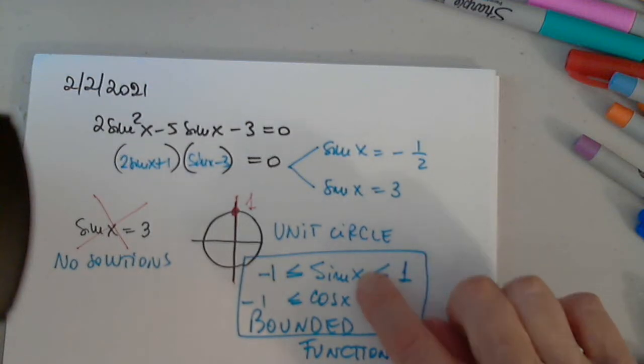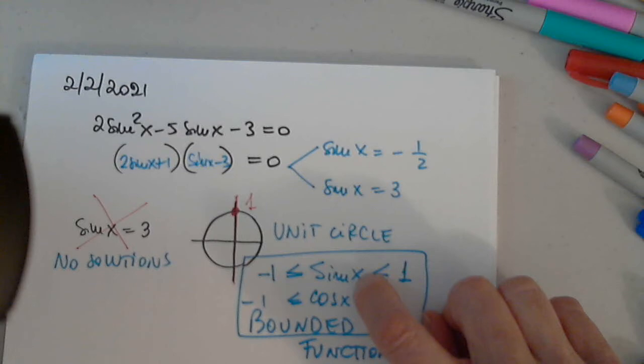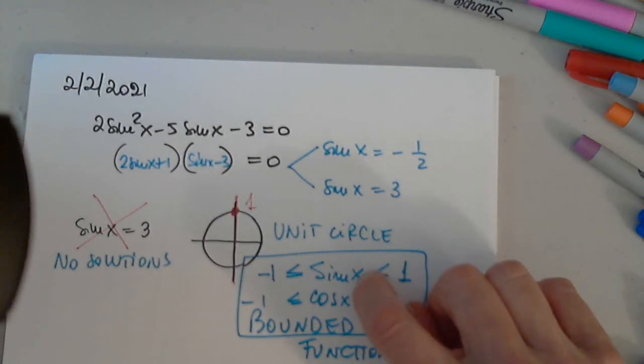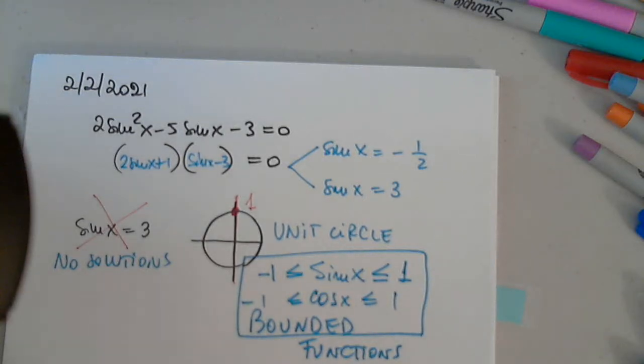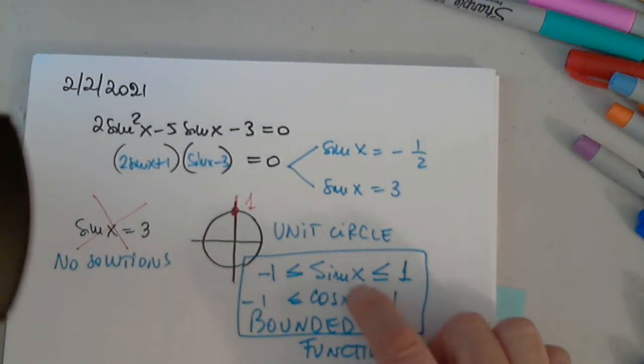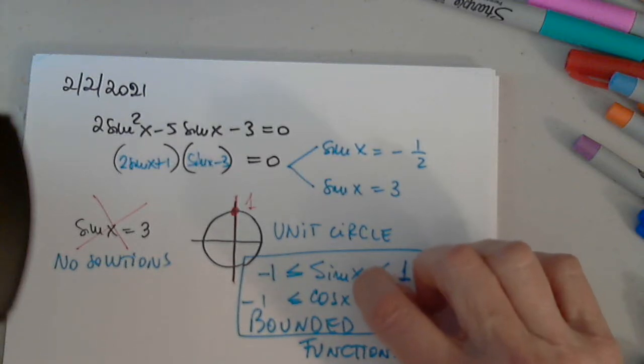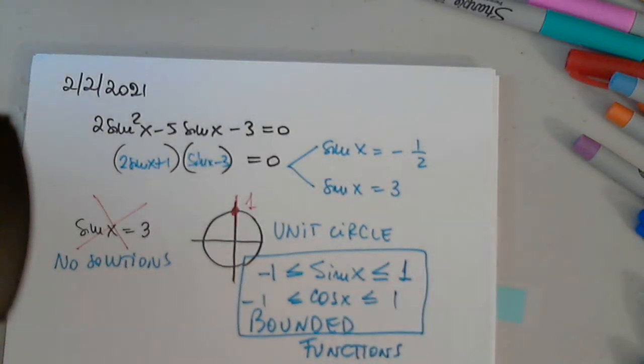So x can be anywhere between -infinity and infinity. Anything that you can think of, you can plug in sine. Now, if we talk about the inverse function, it's a different story. Then we have to restrict the domain. But in general, you can plug in anything on the planet for sine and cosine.